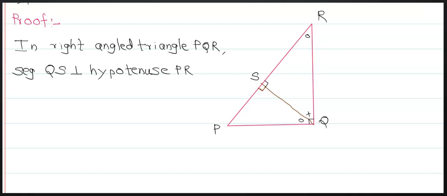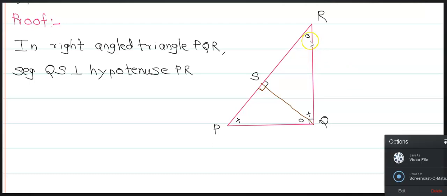Now, the measure of angle R is denoted by the small circle. Here is a cross and the 90, and again here is a cross, small circle and the 90. These are the small signs so that we do not make a mistake in writing the corresponding ones.